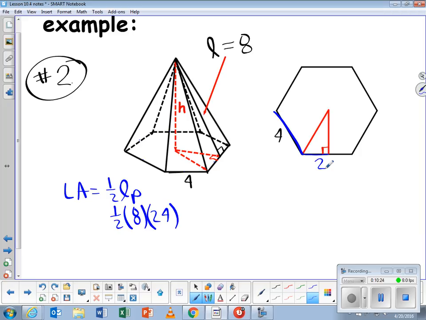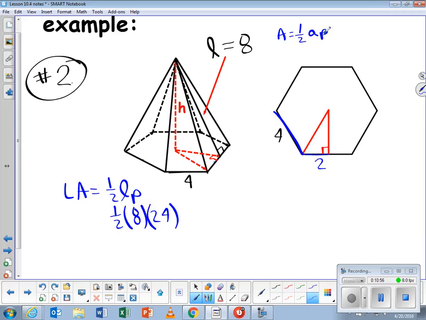Okay? And so to find the area of a regular hexagon, I'm going to use 1/2 AP, aren't I? Lots of different formulas here. I hope you're starting to understand why I'm telling you it's going to get confusing on these tests, because there's so much to remember from what we've done in the past that's now being used again.